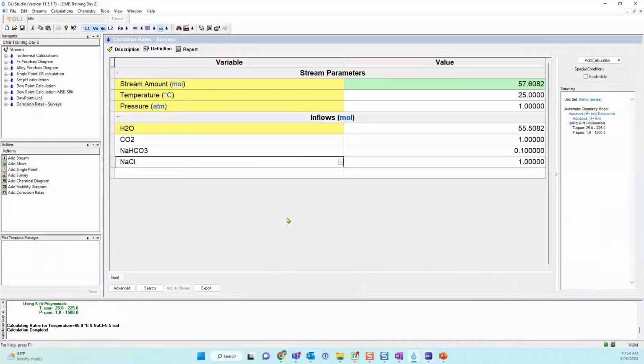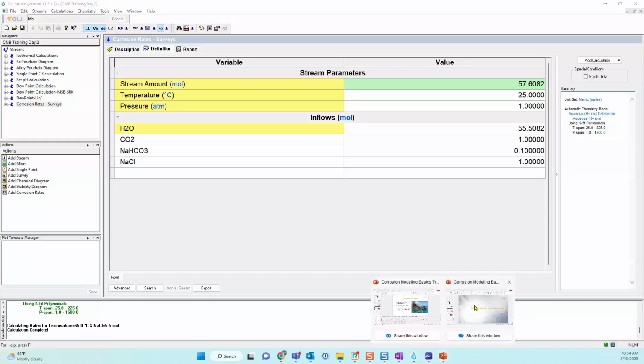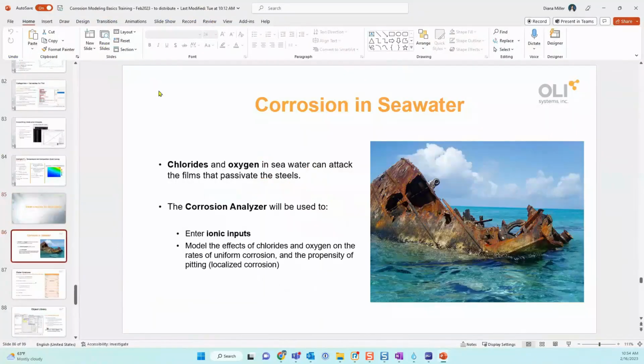And today, one of the examples I want to do is for that. Usually when you're doing corrosion analysis, like I said, you do produced waters, geothermal waters, or also seawater. Seawater has a lot of ions and a lot of neutrals dissolved in this water. So they have oxygen. We also know that it has a lot of chlorides, magnesium, calcium, and all of this. We also know that seawater is very corrosive, okay?